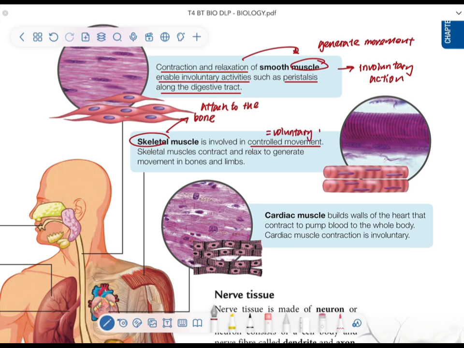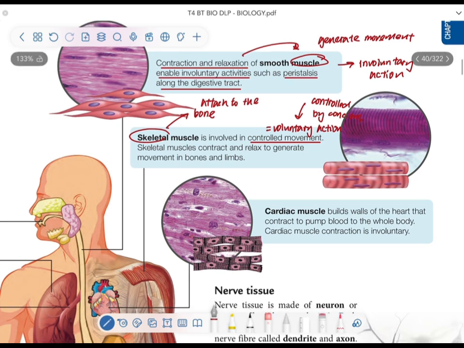For example, when you want to move from one place to another, you need to move your legs, right? This is a voluntary action, which means it can be controlled by our conscious. You know what you are doing. That is what is meant by conscious, okay?